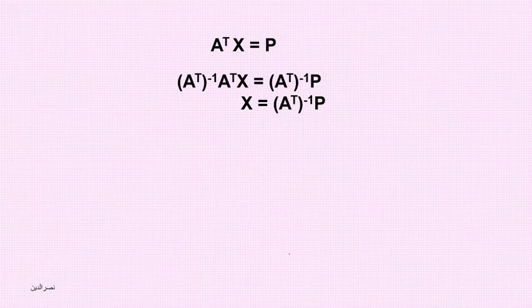We need to use B because we already have matrix B in the question, so we cannot use B anymore. By using the transposition properties, A transpose inverse, you have to multiply. In order to eliminate A transpose on the left hand side, we need to multiply by its inverse, and do the same thing for the right hand side.